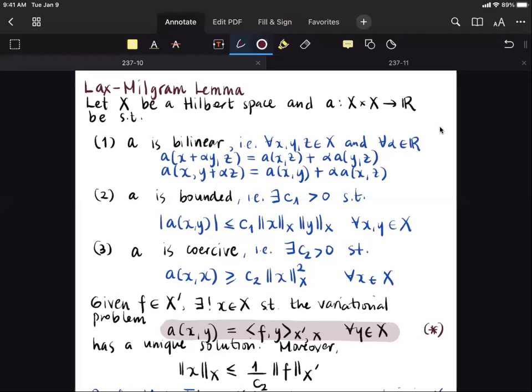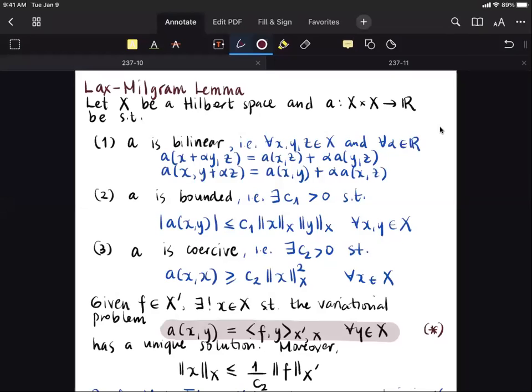Then, given f in the dual space of X, one can find a unique solution x in the Hilbert space that satisfies this variational problem that is highlighted here. And moreover, this solution is stable with respect to the given data f in the dual space.